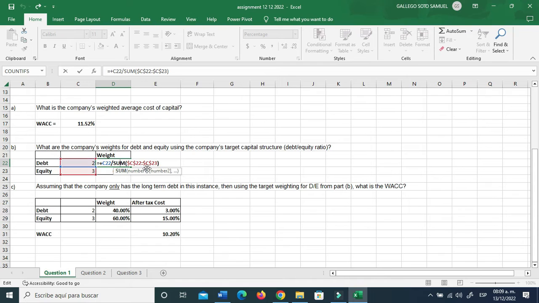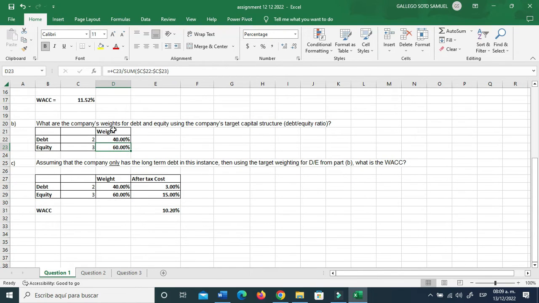That means that 2/5 is your percentage of debt, and your percentage of equity is 3/5, which is the sum of 2 and 3. That's how you find the percentages of debt and equity from the debt to equity ratio.